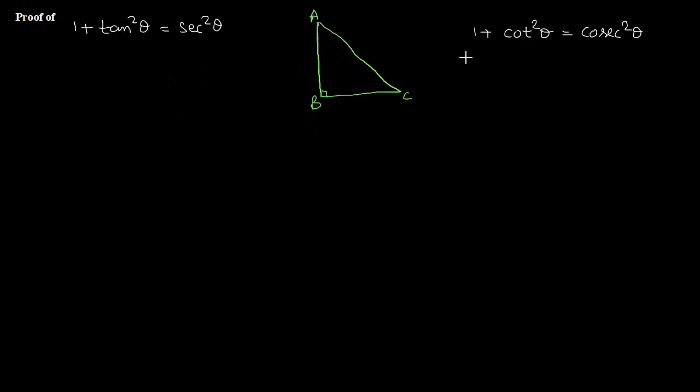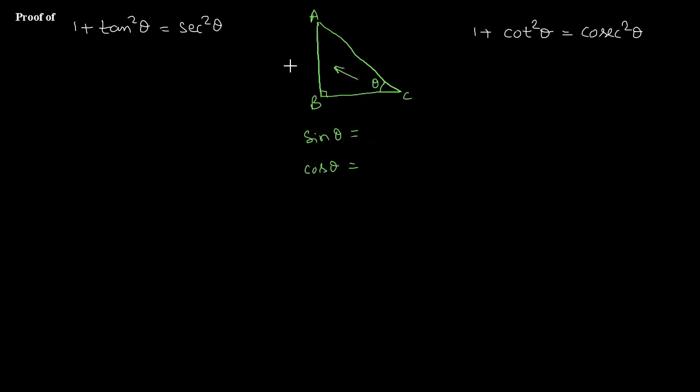and here as you can see that theta is mentioned, so I'm going to take C as theta. You can also go for A as theta, but I'll take C as theta. Just as you know already, I'm going to base the rest of the ratios on sine and cos, so I'll write the ratios in terms of sides.